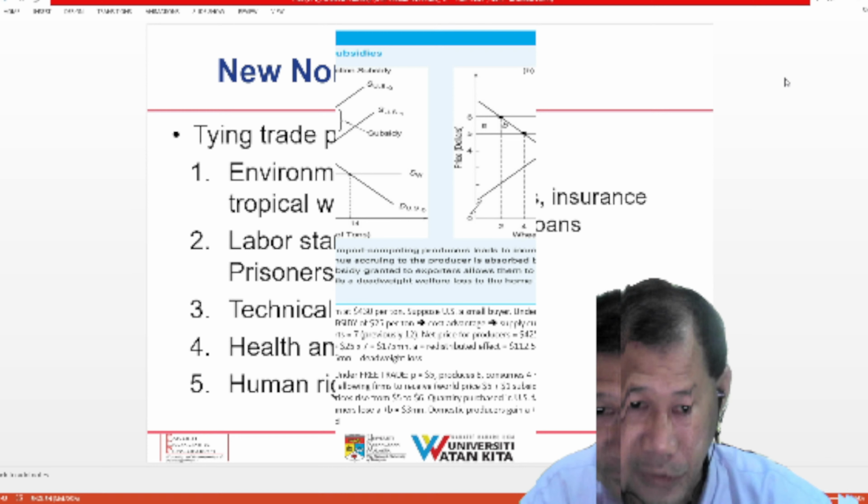So technical standards are put there in order to stop products from coming, the non-tariff barriers. Health and safety: products that go into the United States must be USDA certified, United States Department of Agriculture approved, and then other agencies for safety and so on.